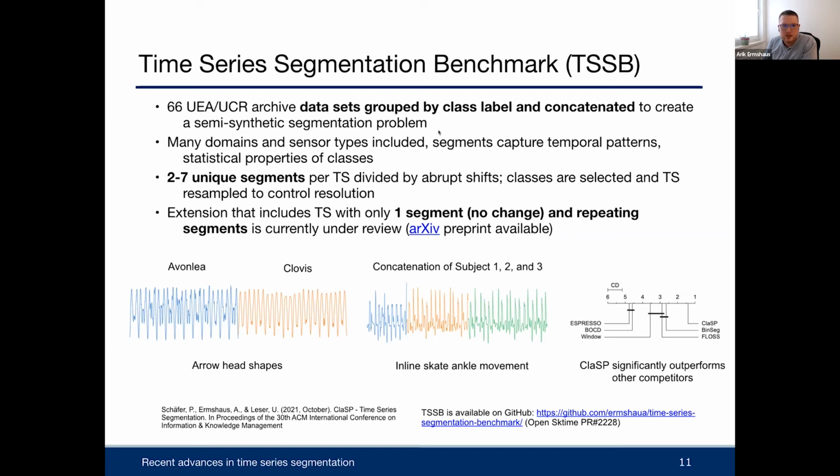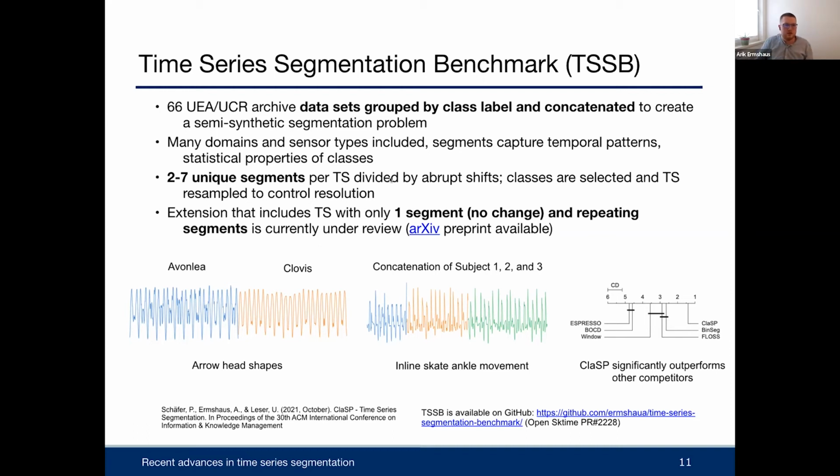And here we basically took time series and grouped them by class label, and then concatenated them, applied some pre-processing, some resampling to create a semi-synthetic segmentation problem. And this then nicely, of course, includes all the temporal patterns and different statistical properties of the wide range of data sets that are available in the archive, and makes this available as a segmentation problem.